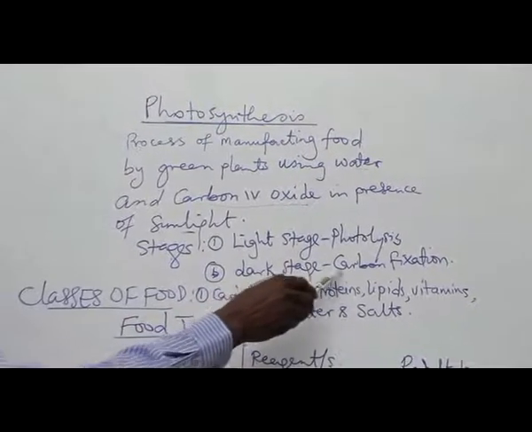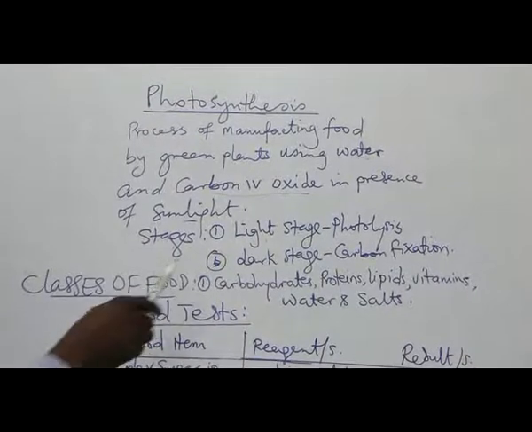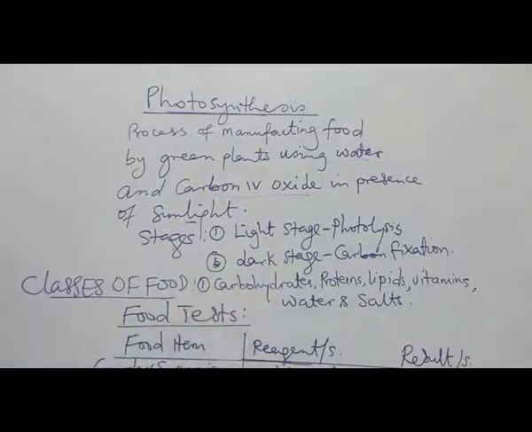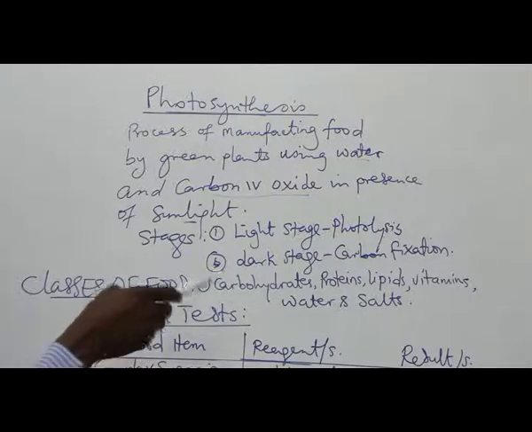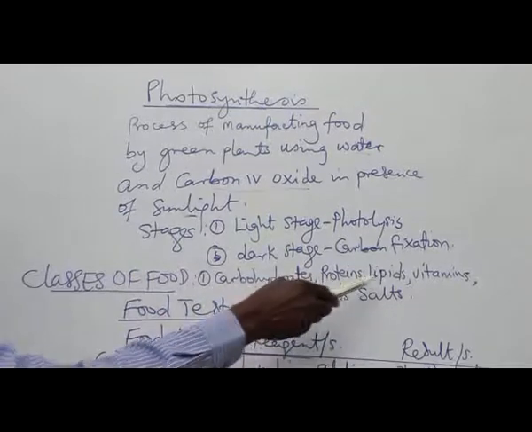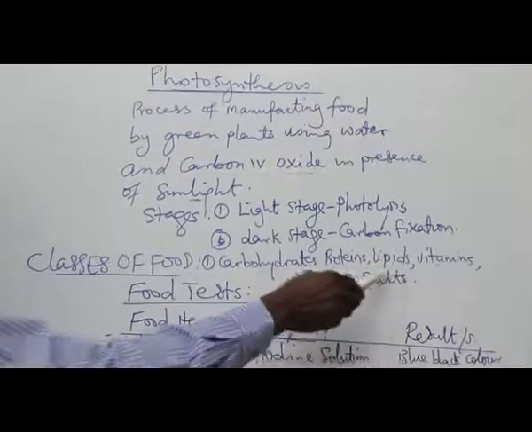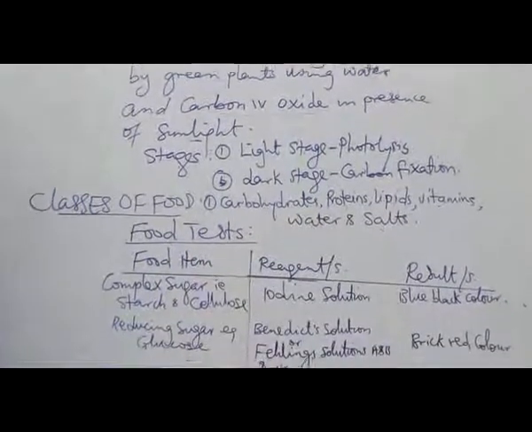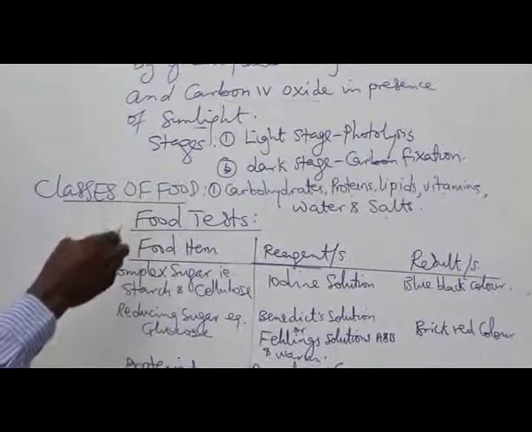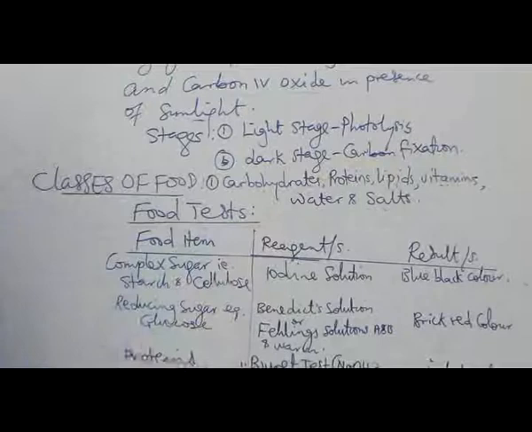This starts with carbon fixation to form 6-carbon molecules, and in the process, food is produced, mainly carbohydrates, and mineral nutrients from the soil are added to produce other classes of food, which are carbohydrates, proteins, lipids, vitamins, salts, and water. These are the classes of food, but the food manufactured by a plant are carbohydrates, proteins, lipids, and vitamins.